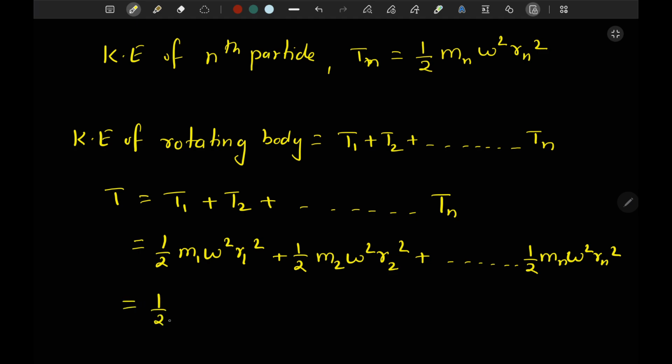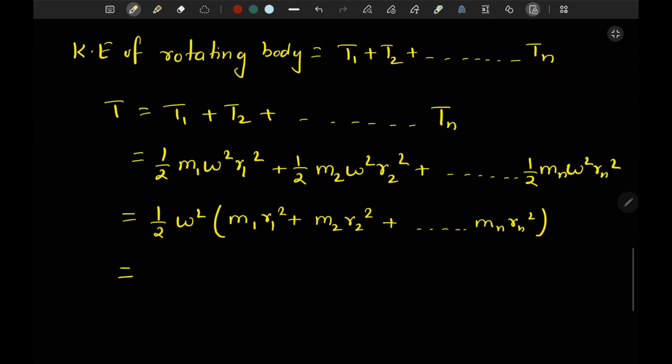Here 1 by 2 and omega square are common, remaining m1 r1 square plus m2 r2 square plus dot dot mn rn square.